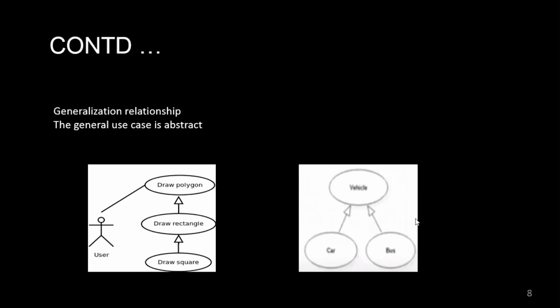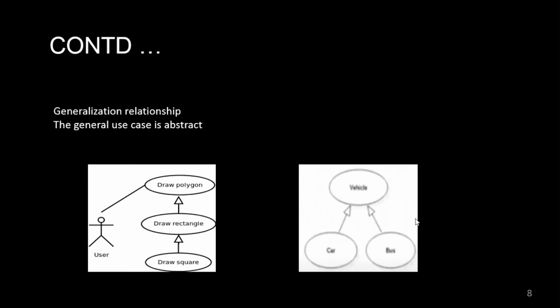If we compare all this, then the extend relationship is the optional thing. Whatever the extend use case is, that is optional behavior, and the base use case in that extend scenario is complete by itself. So the extended use case is an option. Same way, if we talk about include, then that is the mandatory thing. The base use case in that include relationship is incomplete by itself.